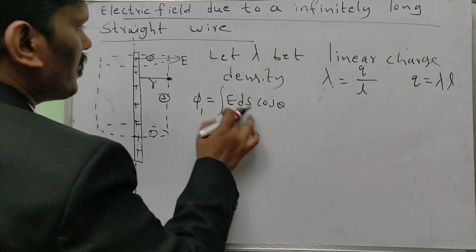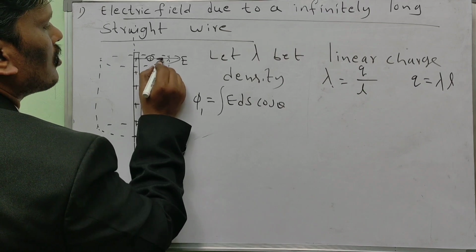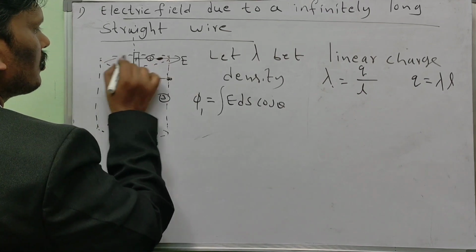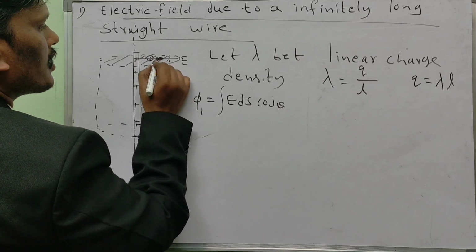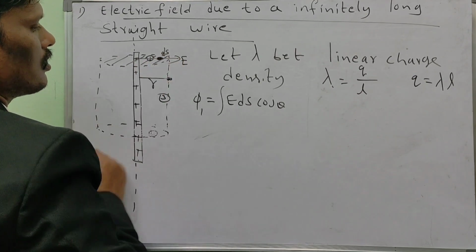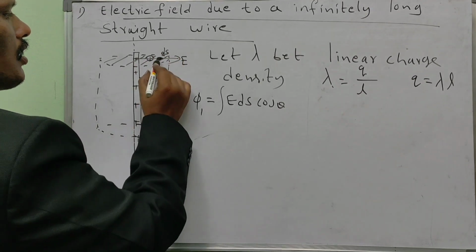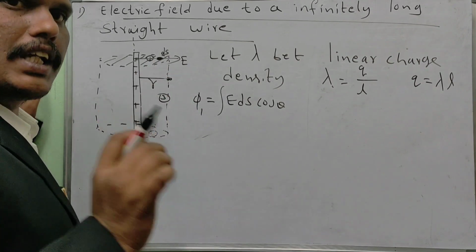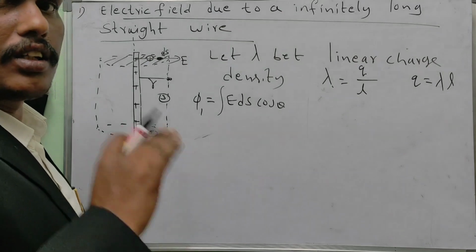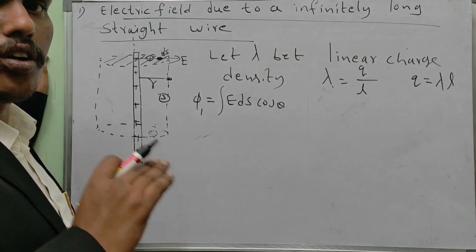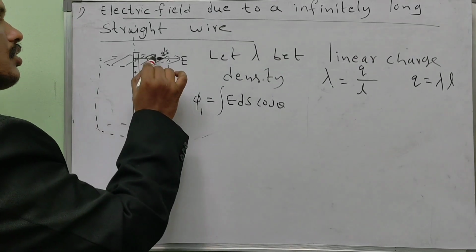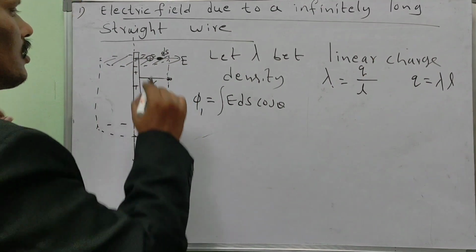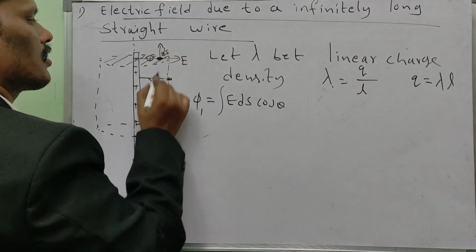And I consider a small ds on the flat surface. The area vector direction is always normal outward drawn to the surface. So this is the area vector.